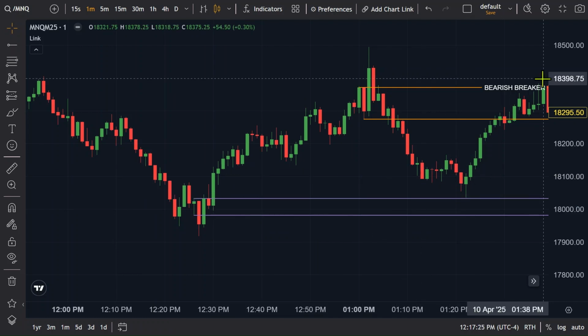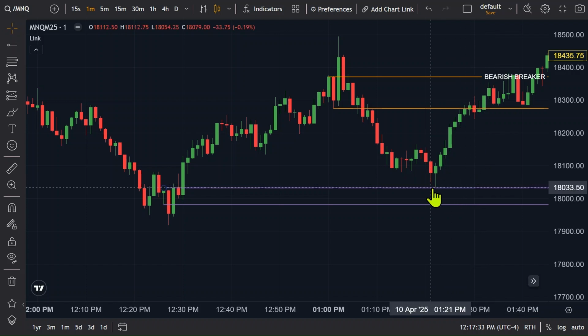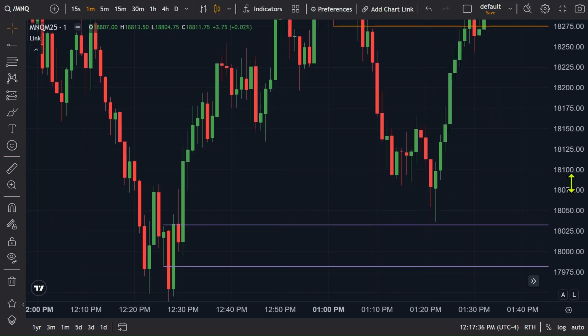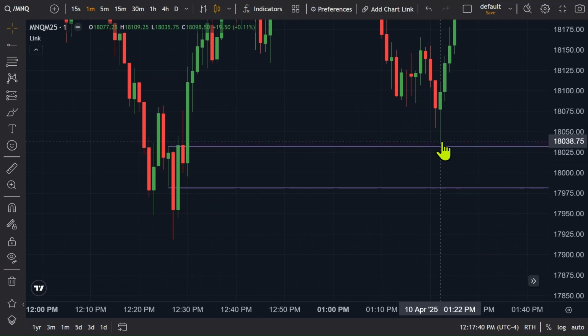So, there's no opportunity really to get in here. The only thing you could do was probably just put in a limit order, unless you had one sitting there. I always put mine at the top of the breaker, and it just barely missed the top. So I would have been very frustrated there.